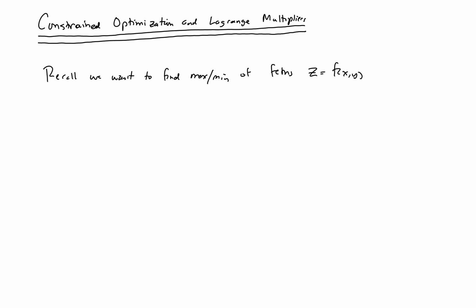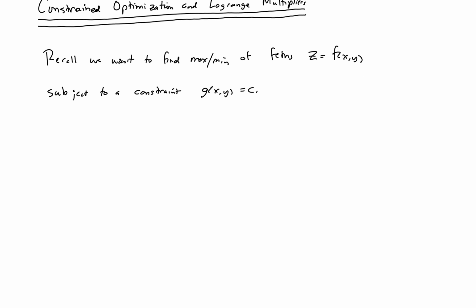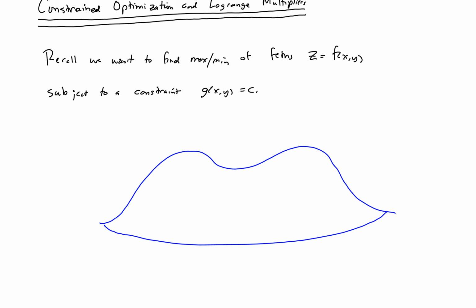We have two variables, but we want to be subject to a constraint where we require the possible values of x y to sit on some curve. If we think of this in terms of a picture, we might have some surface that looks like this.